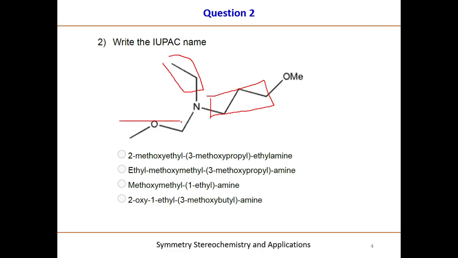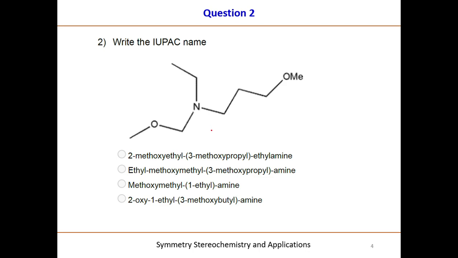Here also we have one carbon directly. These two carbons are attached with oxygen, so this is not the longest linear carbon chain. That's why we will consider this three carbon chain as the parent chain. This is the longest linear carbon chain.